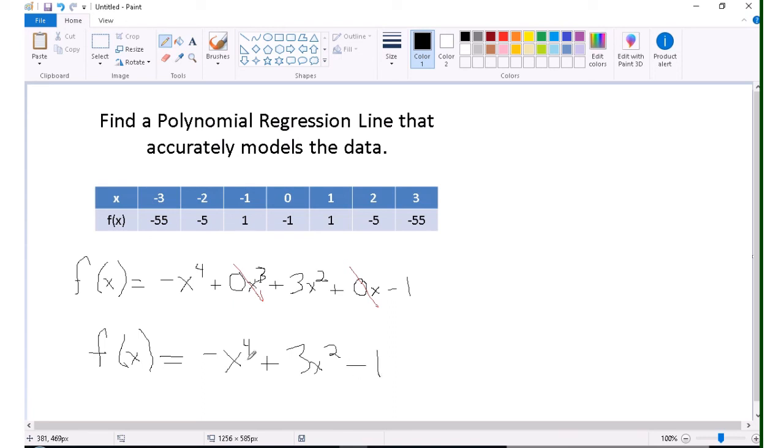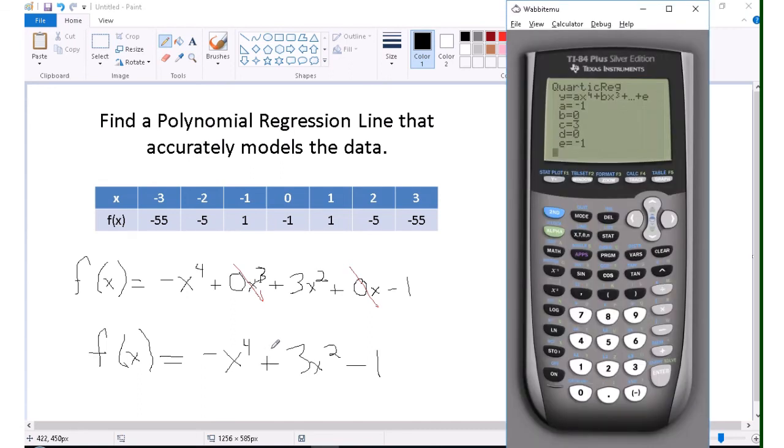So this should be a good estimate for my function. In fact, this is probably the exact function. You can tell because the coefficients are so nice. If it was more of an approximation, then the coefficients would probably be ugly decimals.